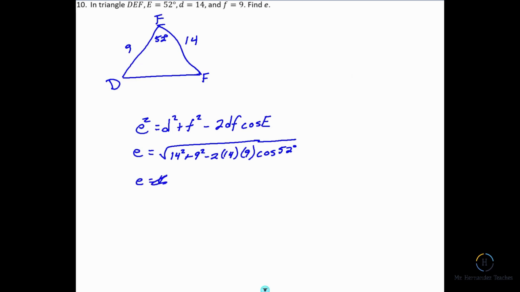Oops. Undo that real quick. Or real slow. So that was 11.0 units. Whatever units we have, if this had to do with specific units, please use those units.